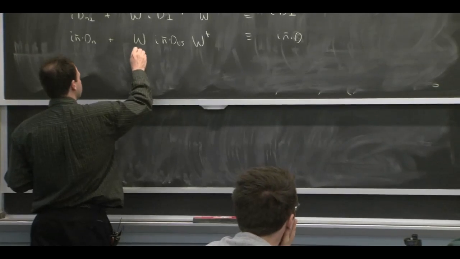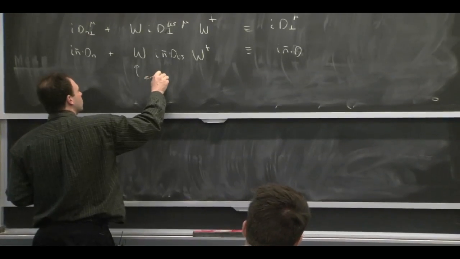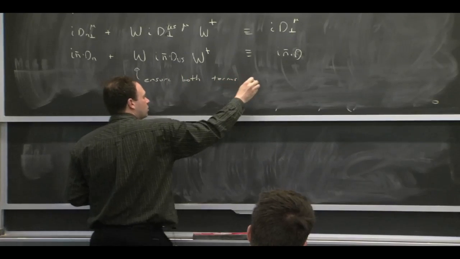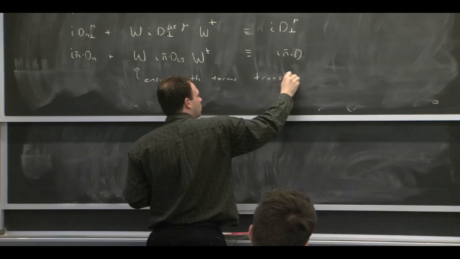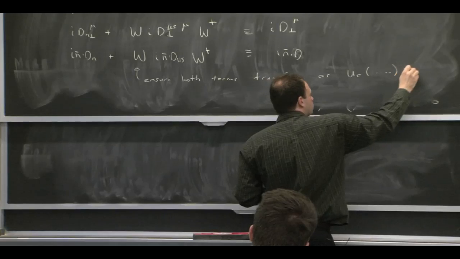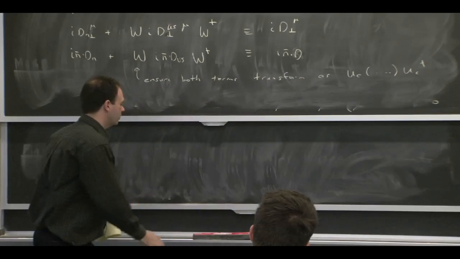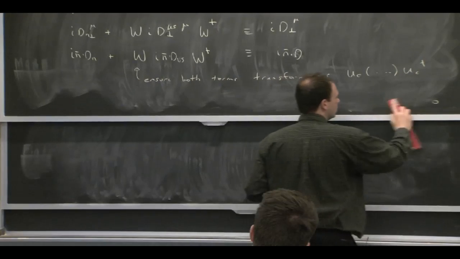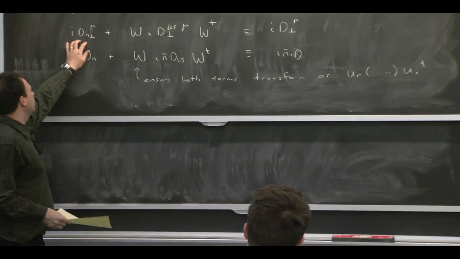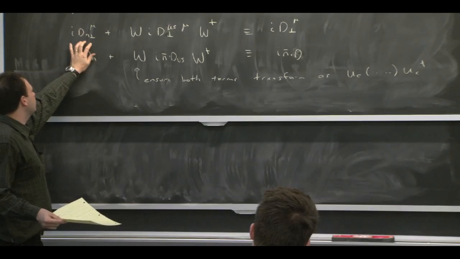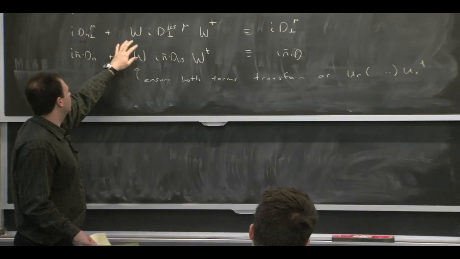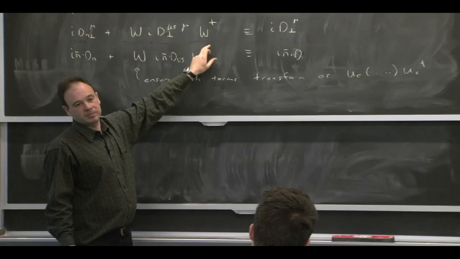Okay, so these W's ensure both terms would transform with a UC on the outside under collinear transformation. So anywhere that we have an in bar.dperp, we could just replace it by this and then expand out, i.e. we could get a subleading term by just using this operator here.